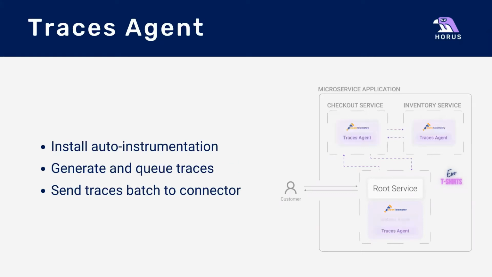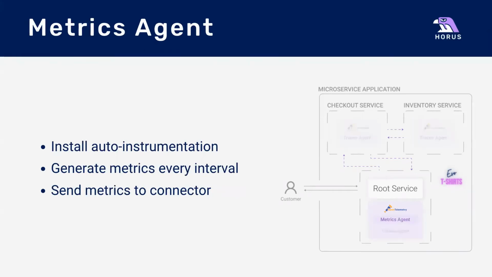Now, if we go to the next slide, there are a few differences here with the tracing agent. A commonality is that it also uses auto instrumentation, and it also uses the OpenTelemetry exporter to post that data. But let's start looking at differences. Straight off the bat, you can notice from the diagram that the dependent services also have a tracing agent, whereas in the other one, we saw that the metrics agent was only in the root service.